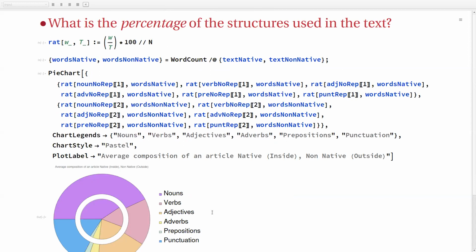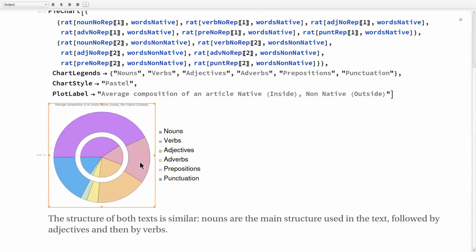What's the percentage of a structure used in the text? So we defined the function rat that takes two arguments, the kind of lexical feature and the total of phrases in the text. Sorry.